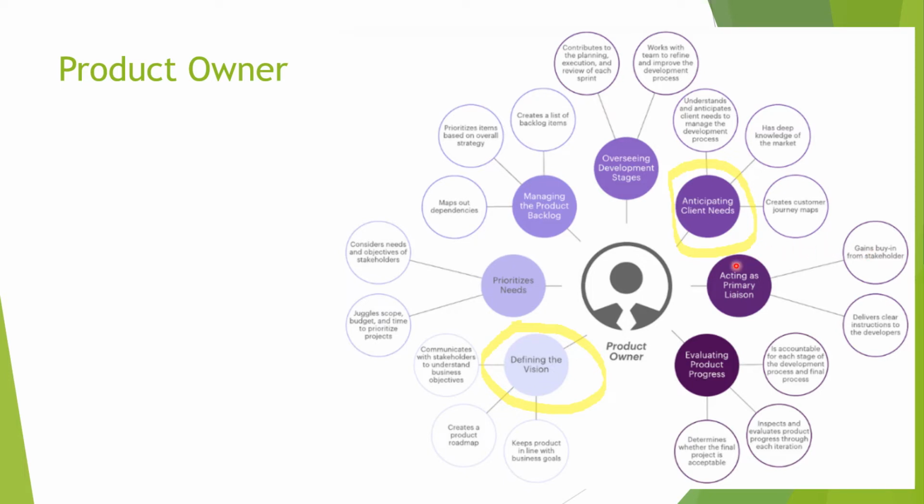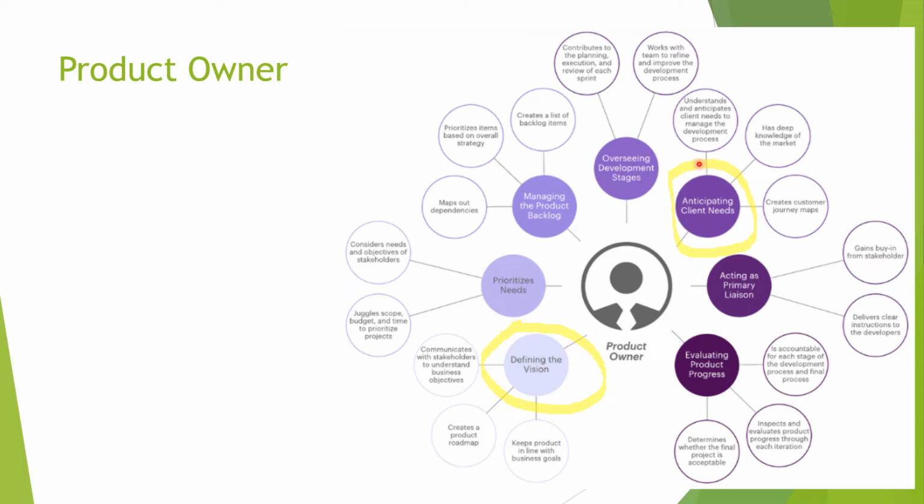This picture talks about two areas that I want to discuss here; the other areas we already discussed. The person needs to define the vision, and the product owner should be anticipating client needs. That's very important. He or she should be able to identify and anticipate the needs, the untold needs.